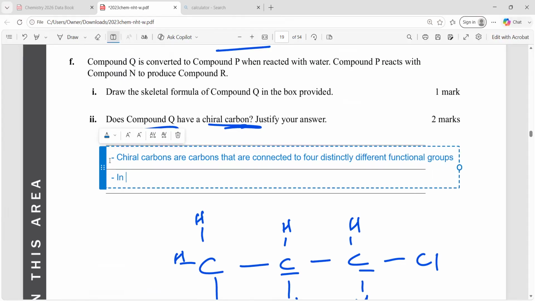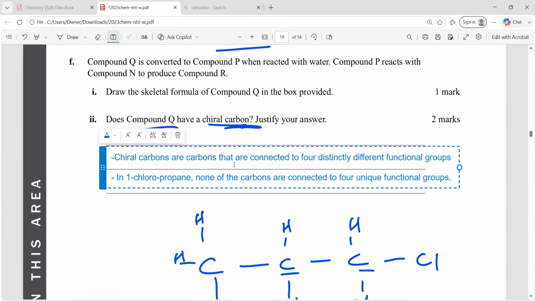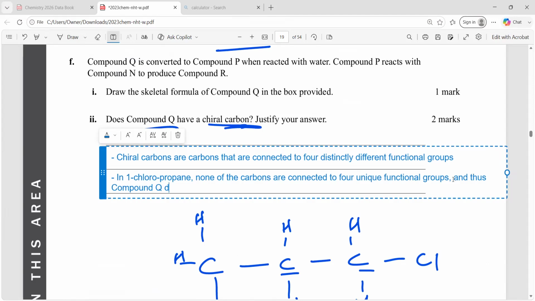In 1-chloropropane, none of the carbons are connected to four unique functional groups, and thus compound Q does not, maybe we can put it in caps, have a chiral carbon.